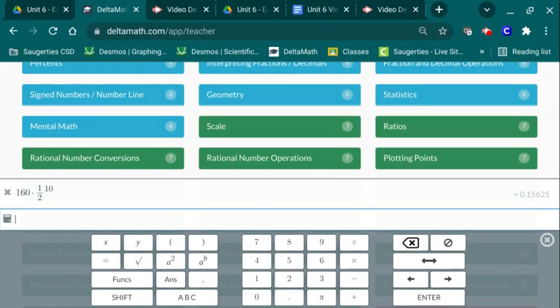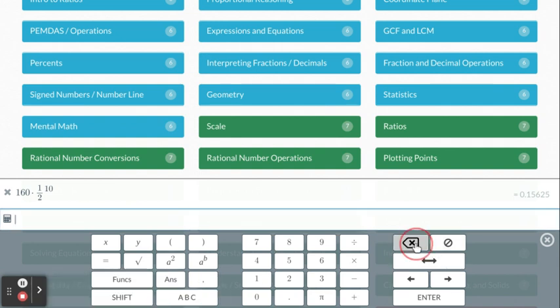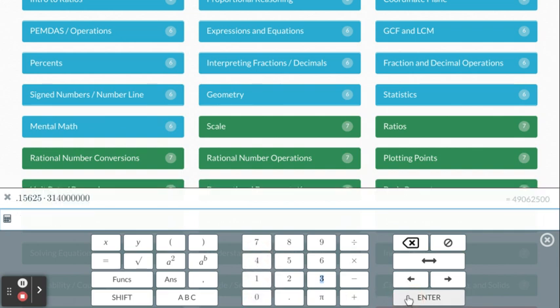So I'm going to go to Delta Math and put that in. So 0.15625 times 314, and with a million you have 6 zeros. So 4906.